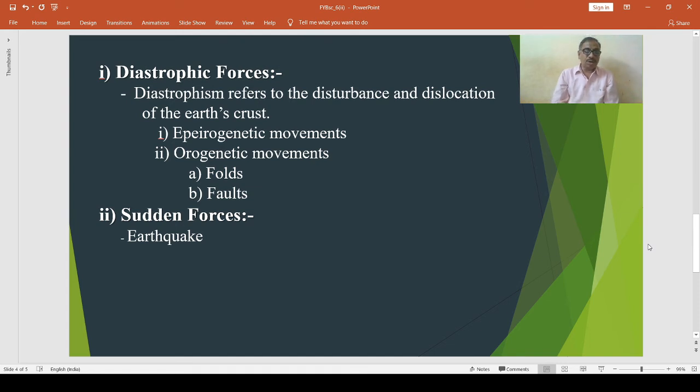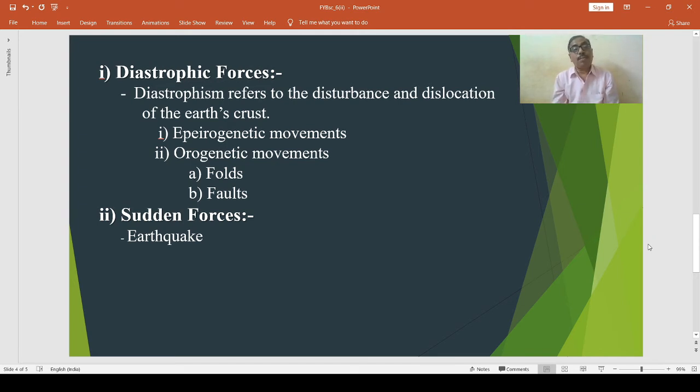Due to the horizontal movement in the Earth's crust, the joints or fissures develop between two parallel fissures. The Earth's crust is either raised or subsided, and hence different kinds of relief features are formed.